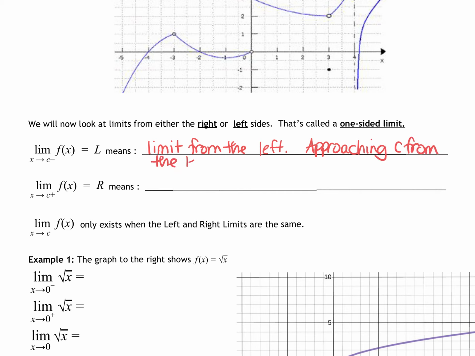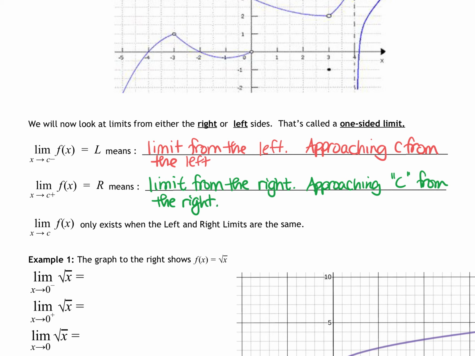And then the difference is when you see the plus sign, we're going to be approaching C from the right. So our limit is now the limit from the right. In other words, approaching C from the right.